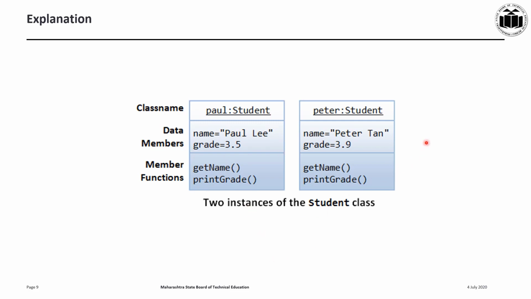Here are two examples: class student with name Paul Lee and grade 3.5, and class student with name Peter Tan and grade 3.9. Get name and print grade are the member functions for class student having object Paul, and the same for class student having object Peter.